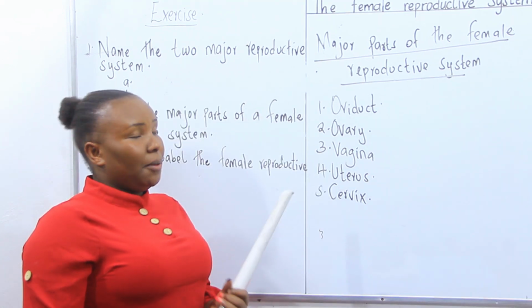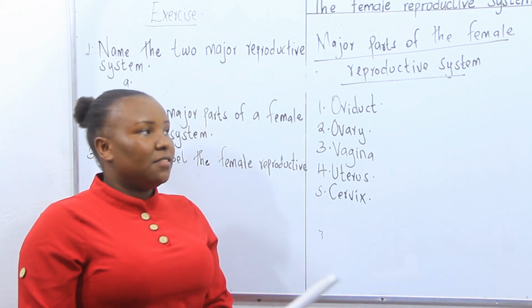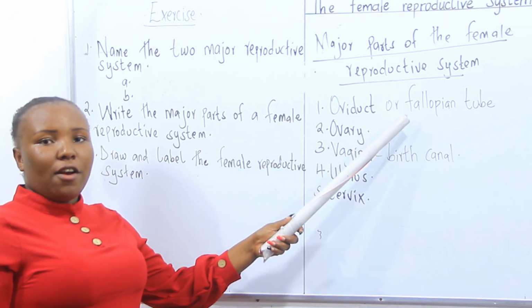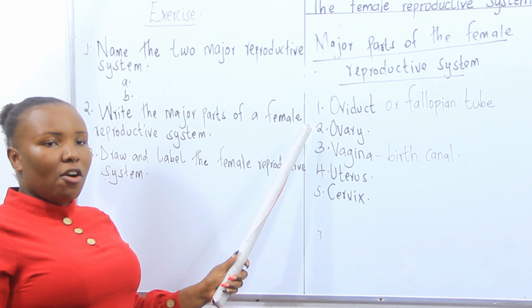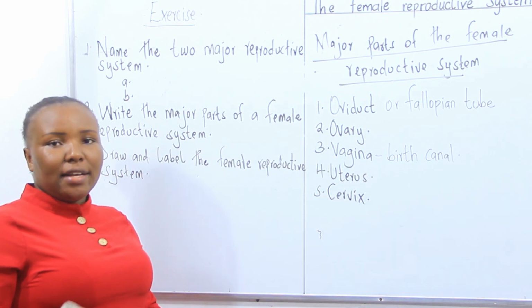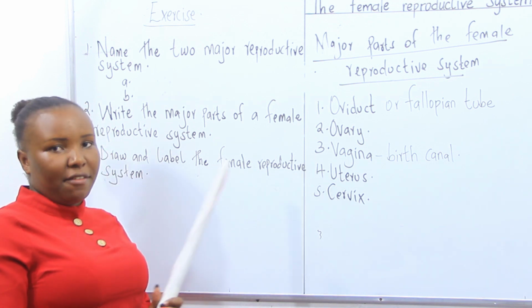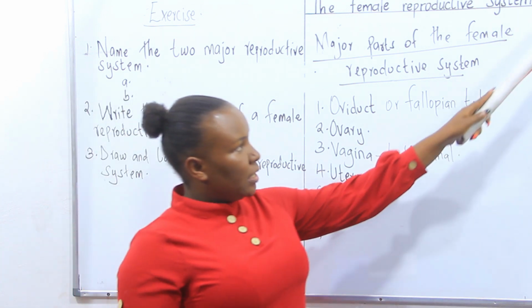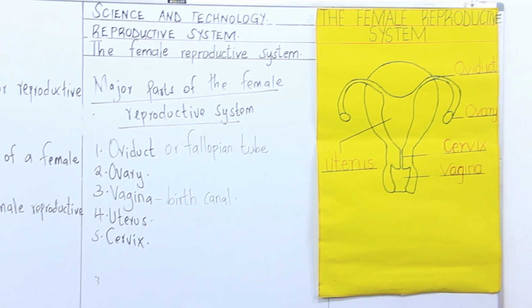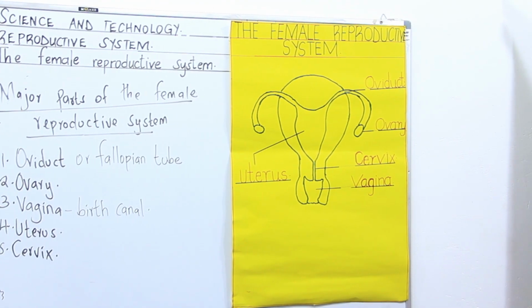The major parts are 1, oviduct or fallopian tube, 2, ovary, 3, vagina or birth canal, 4, uterus, 5, cervix. I have also taken you through how the female reproductive system looks like, and I have outlined the different parts that we have discussed.